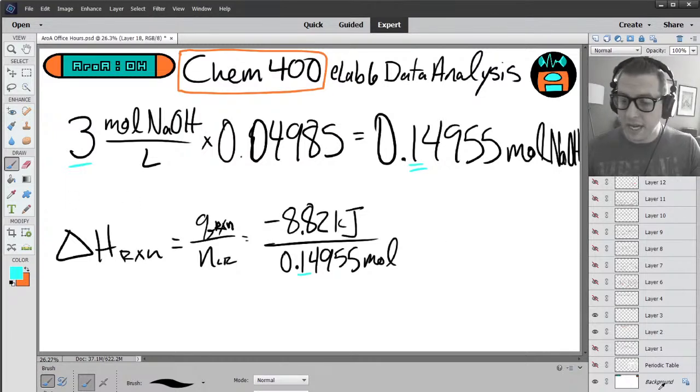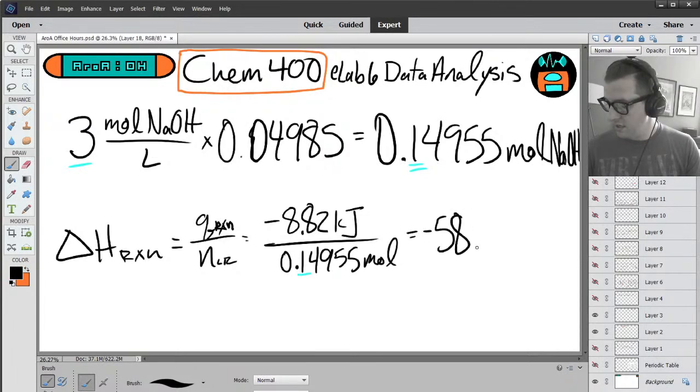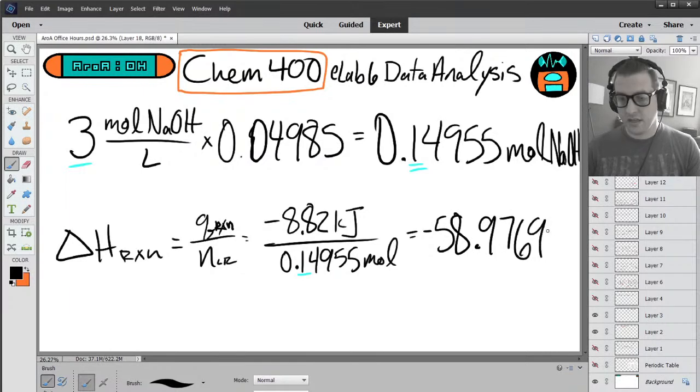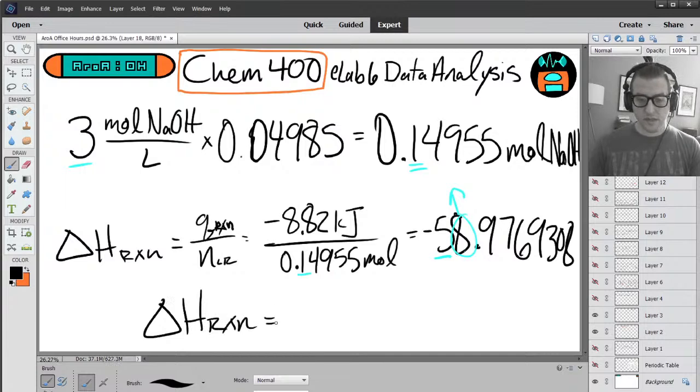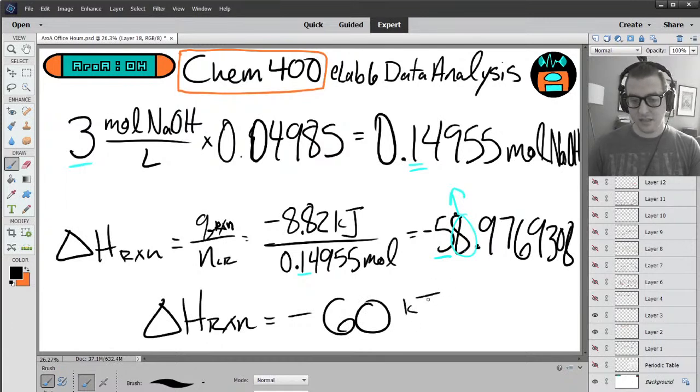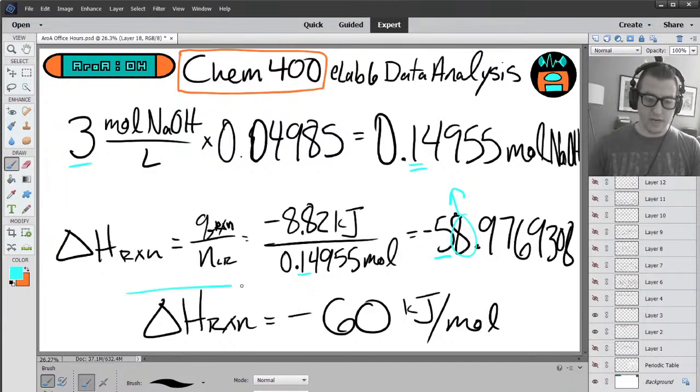So my calculator is telling me that the answer is 58.9769308. But because I can only keep 1 sig fig, that 8 is going to round up. And we get a delta H of reaction of negative 60 kilojoules per mole. All right.